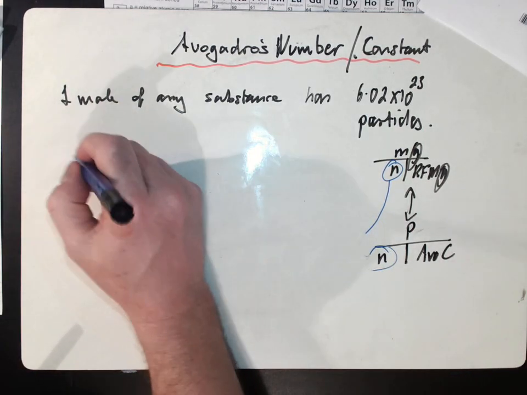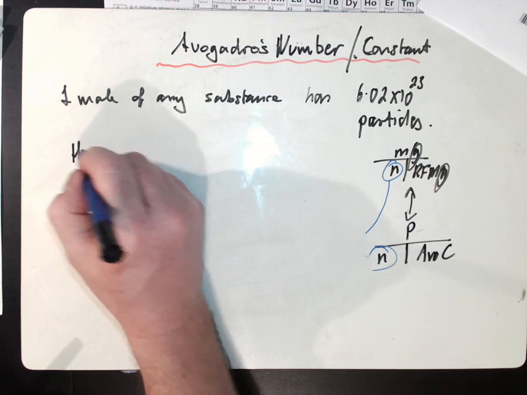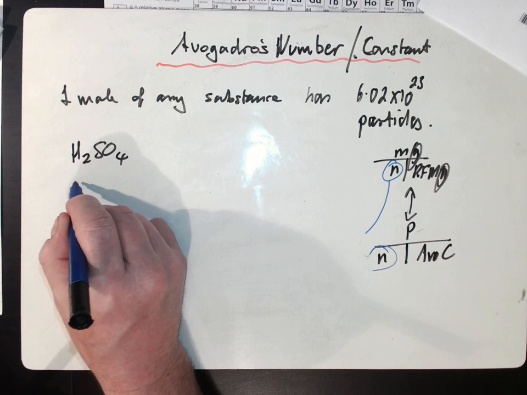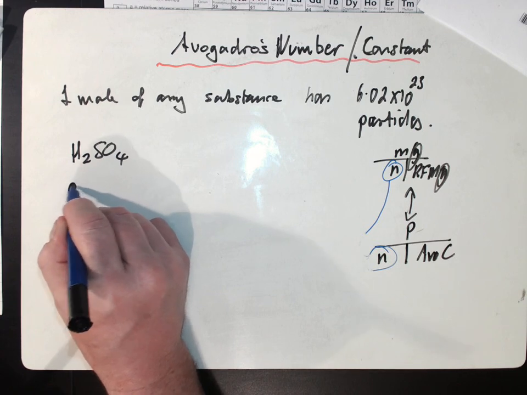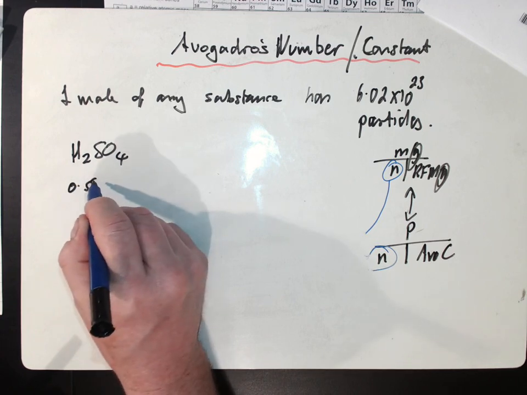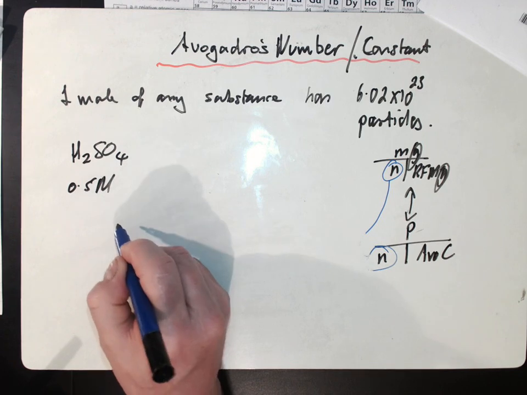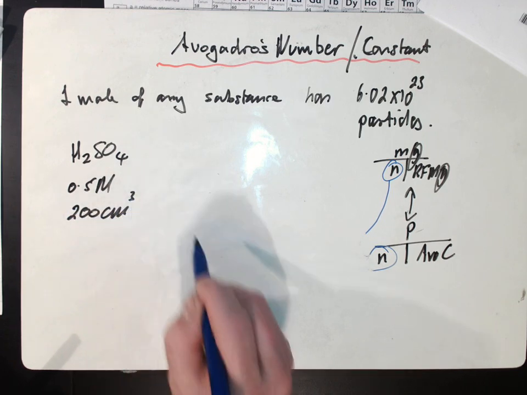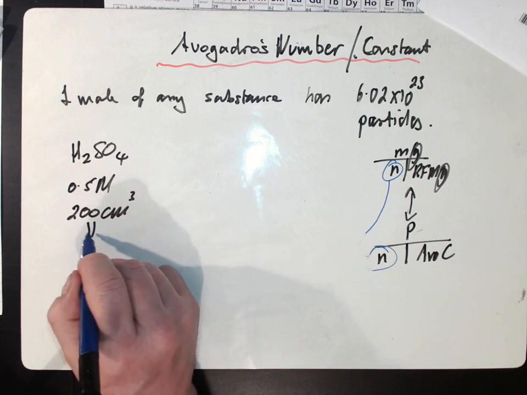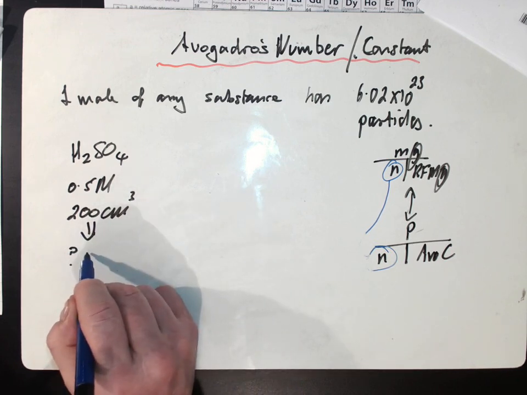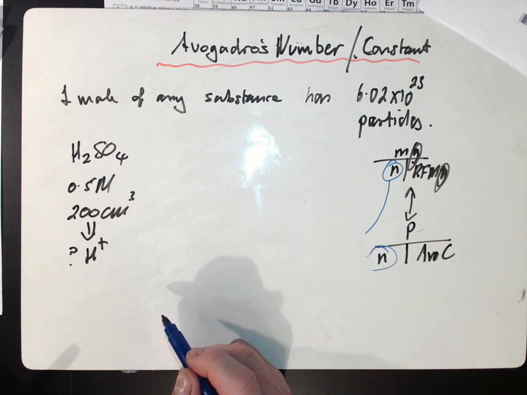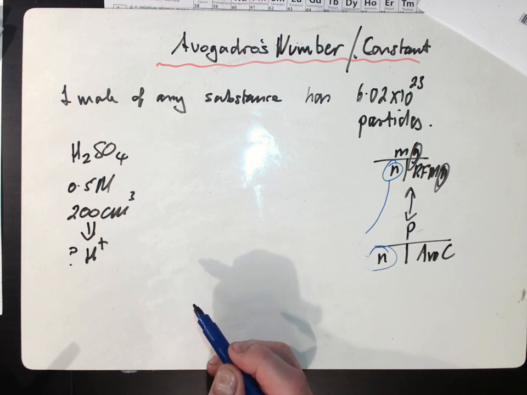So sometimes they will give you something like, let's say I've got sulfuric acid. Let's say I've got 0.5 molar sulfuric acid, and we've got 200 cubic centimeters of it, and then the question will come, how many hydrogen ions will that produce when dissolved in water based on full dissociation.